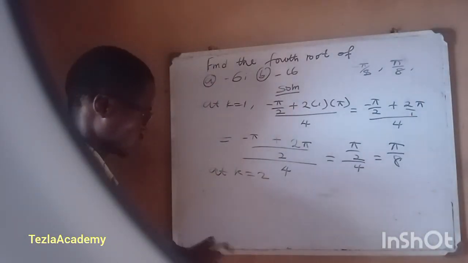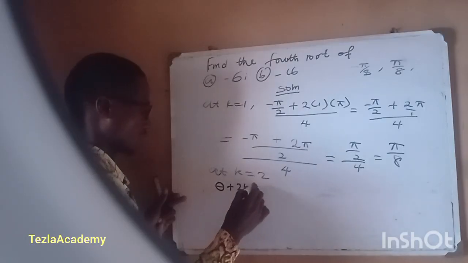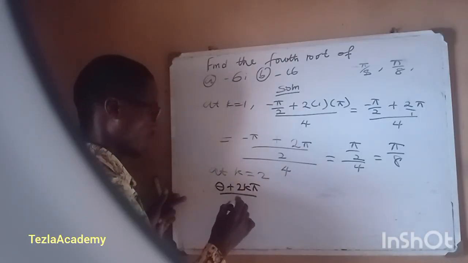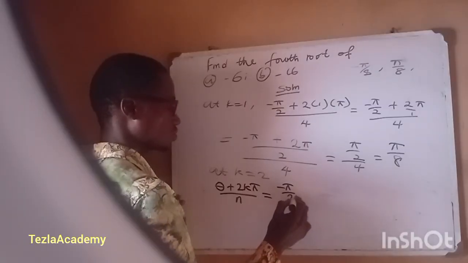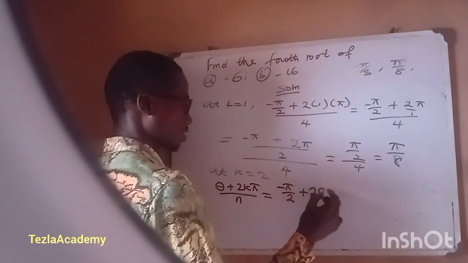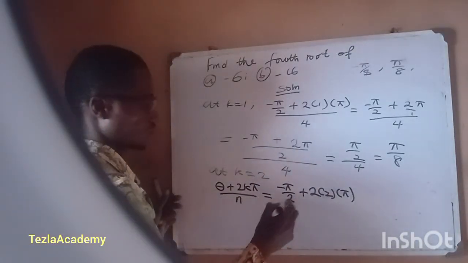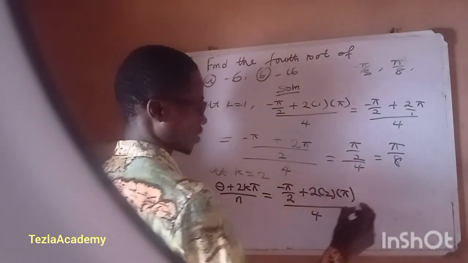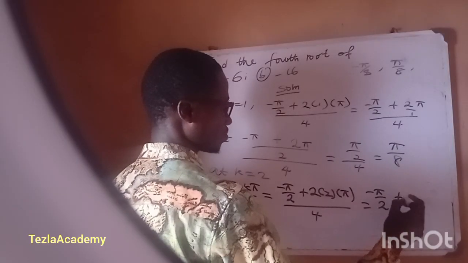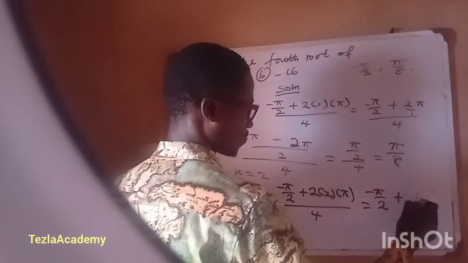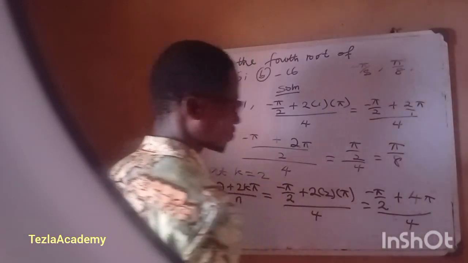So at k equals 2, our theta plus 2k pi over n equals minus pi over 2 plus 2 bracket 2 times pi, all over 4, equals minus pi over 2 plus 4 pi all over 4.